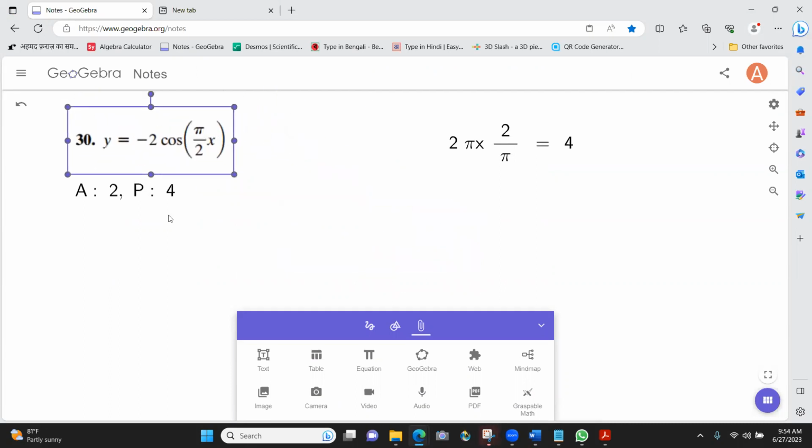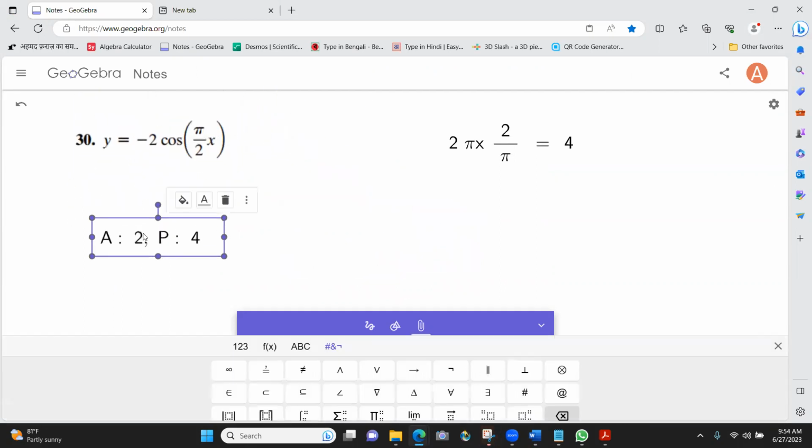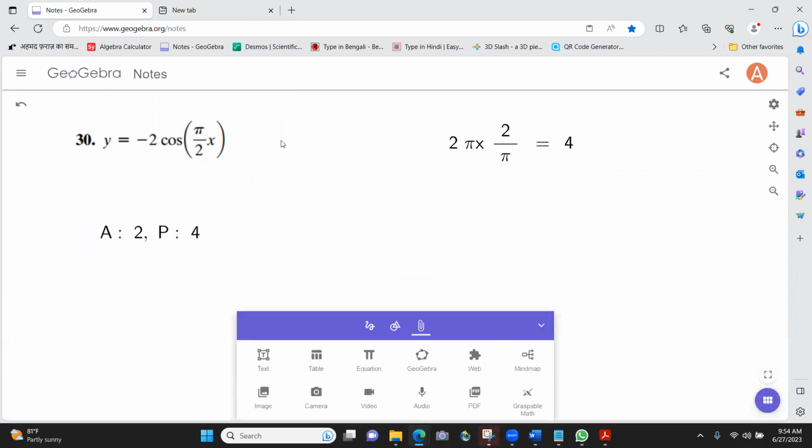Okay. The amplitude is easy. 2. Absolute value of -2 is 2. Period is cosine. Oh, that's not too bad. Cosine pi over 2, it's going to be 4. So same thing. Okay, the curve I'm looking for has the same amplitude and same period, but there is a negative sign.